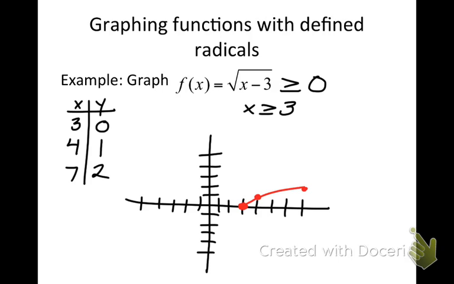So it's going to be a curve looking like that. Okay, so your square root, or your even root, all of them will look pretty much the same. Will look like that half of a turned parabola. Okay, in this case, this one shifted to the right 3.